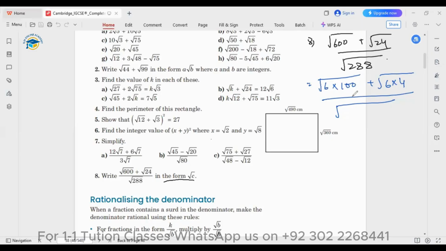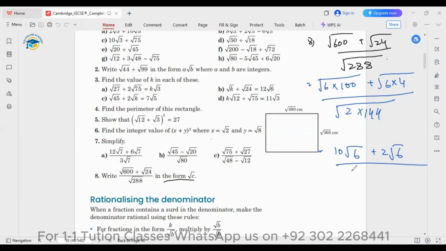But if I make 288 with a factor of 6, it's giving me 48 as a number. So for this, it will be better if we take 2 because it's basically giving me 144. So this will be 10 square root 6 plus 2 square root 6.